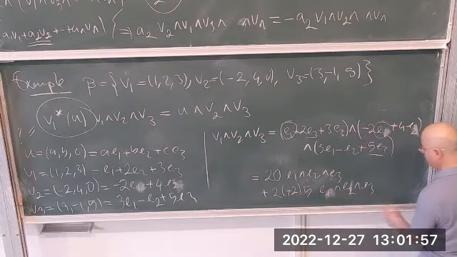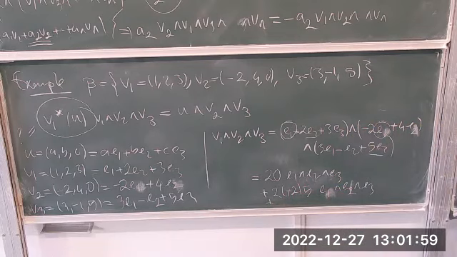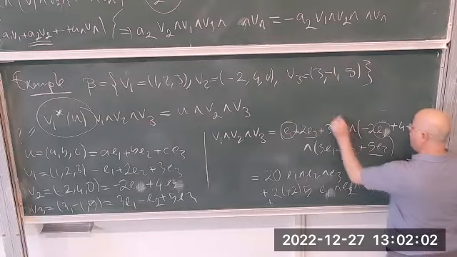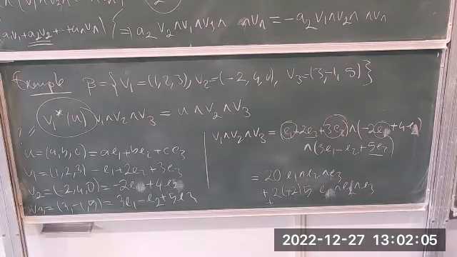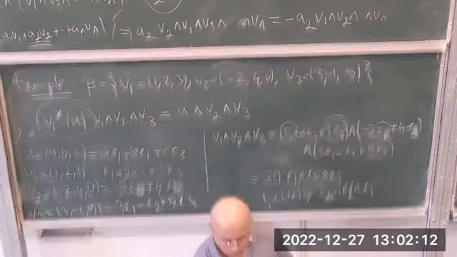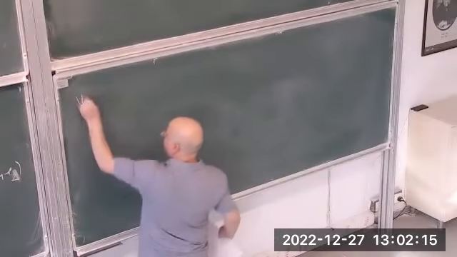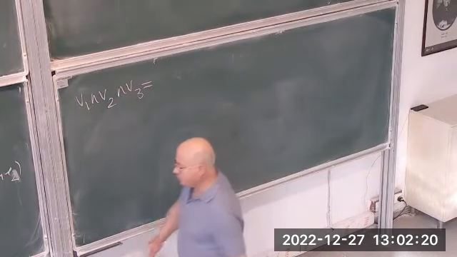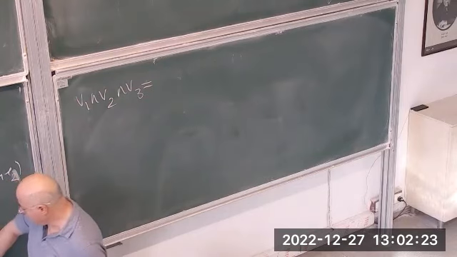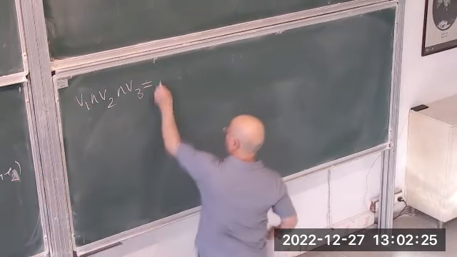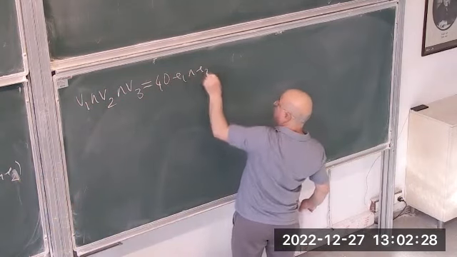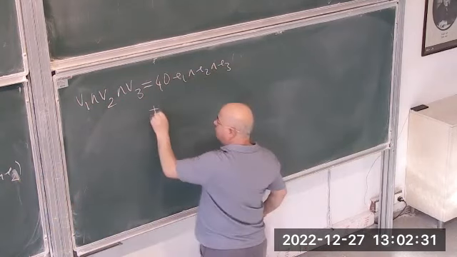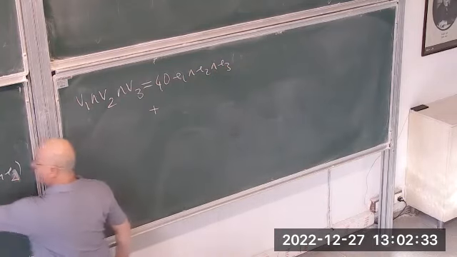What else? If I have this, okay, so I have two more terms. Okay, let me just do it here then. So let me rewrite this. So I have two terms here. 20 of this, 20, another 20, so 40. E1 wedge E2 wedge E3. And then plus, I take this one.